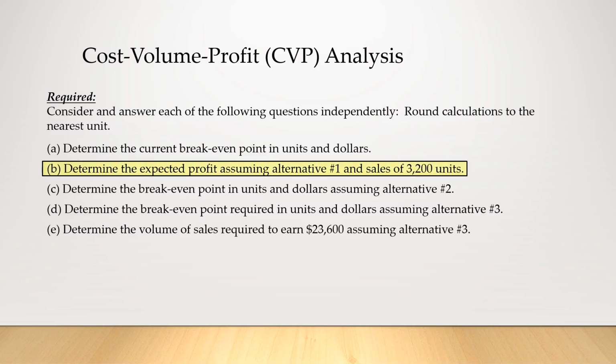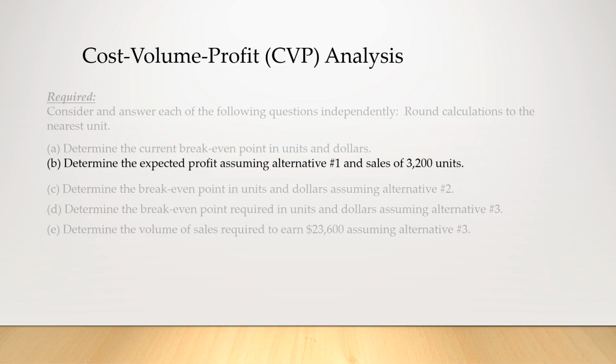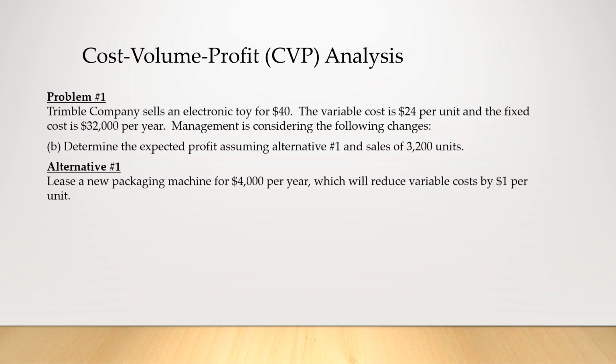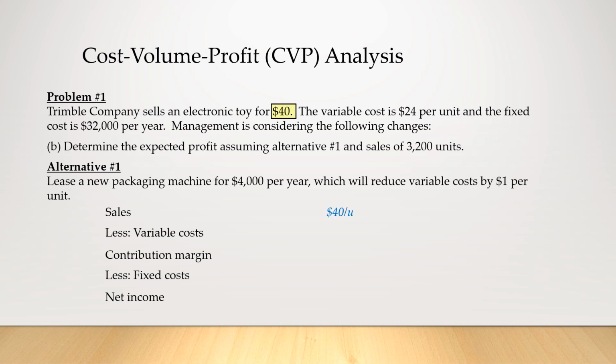Letter B. Determine the expected profit assuming alternative 1 and sales of 3,200 units. When we want to figure out a profit, let's make use of that contribution margin income statement again. Our sales price is $40.